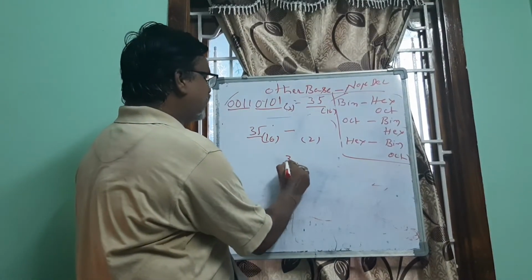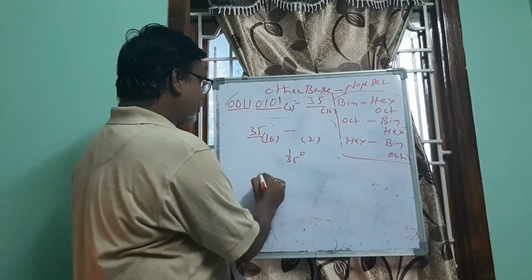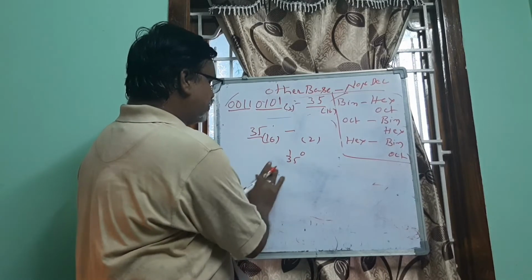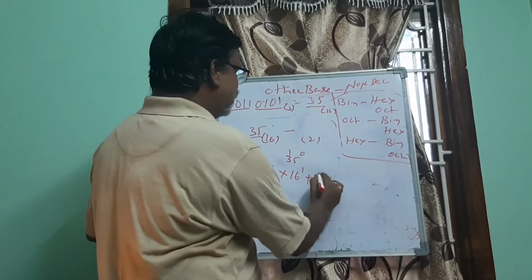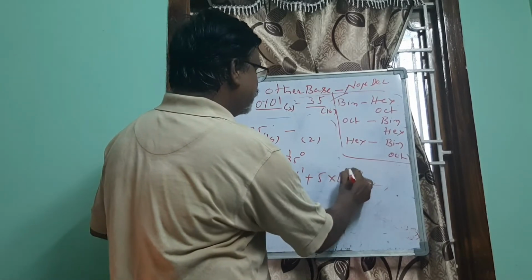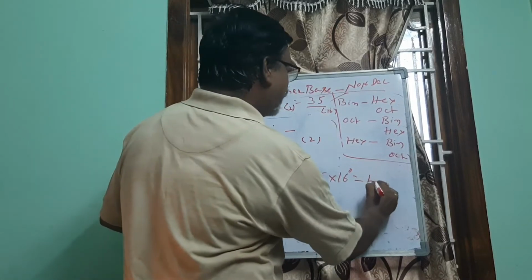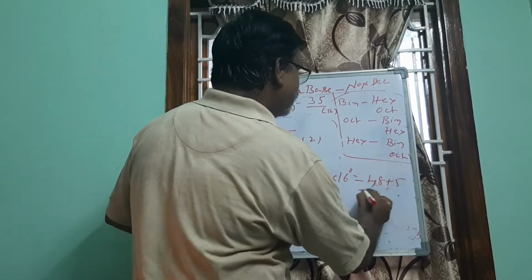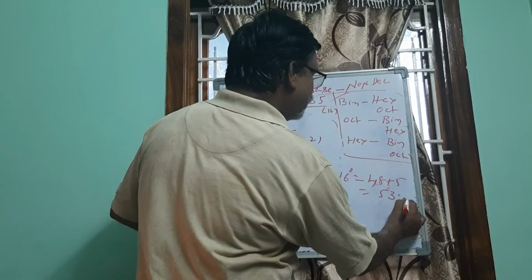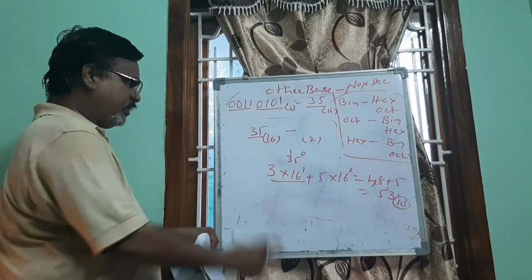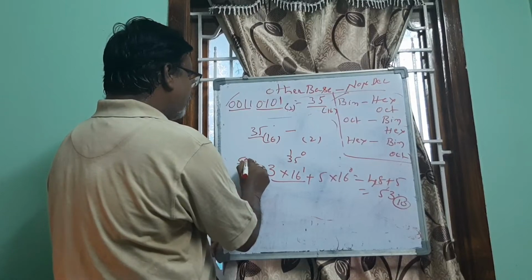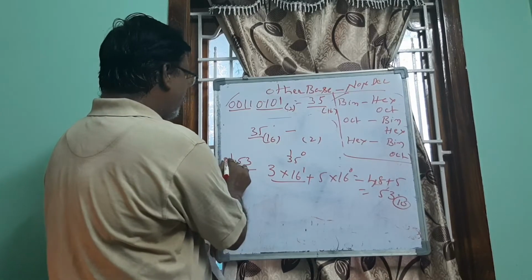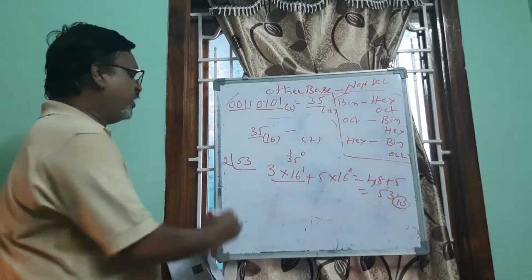So 3 into 16 power 1 plus 5 into 16 power 0 is equal to 48 plus 5, which is 53 base 10. But what we want is the binary value. So you divide this 53 decimal number to get binary.